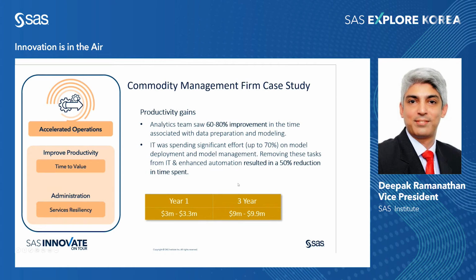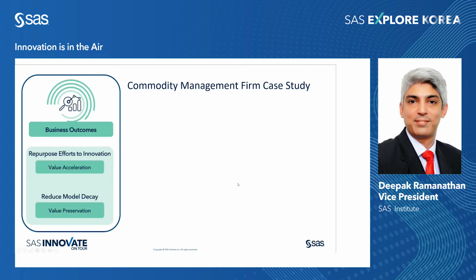Now, let's look at the third and last pillar. And this is the trickiest one, right? Which is the most important to the business, which is around business outcomes. It's one thing having the infrastructure. It's one thing being able to operationalize the content, but then realizing the business outcomes becomes incredibly important.